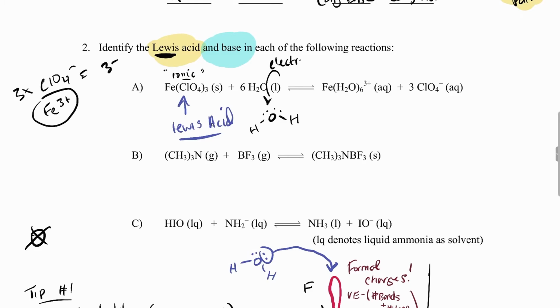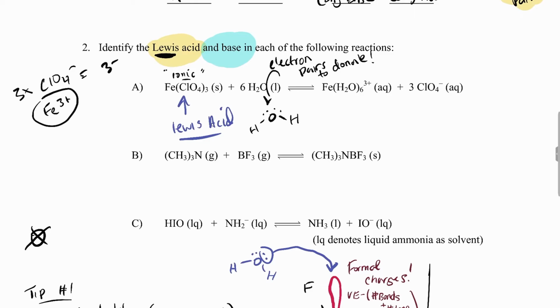So that's what we mean by a Lewis acid: it's going to get attacked and accept lone pairs. Like I said before, be on the lookout for highly charged metals, which will help you identify Lewis acids.